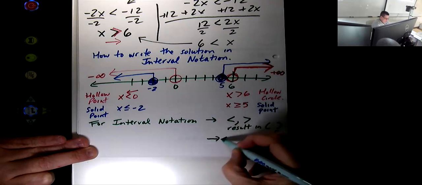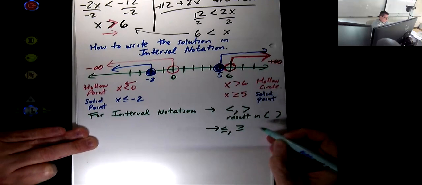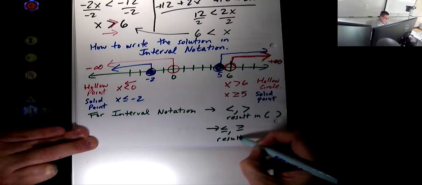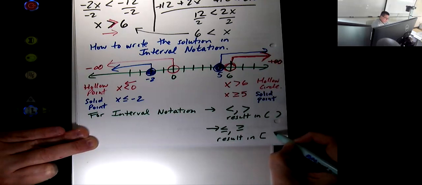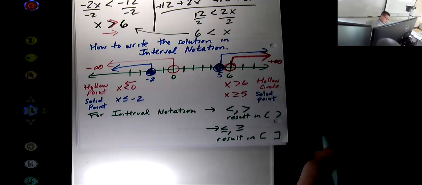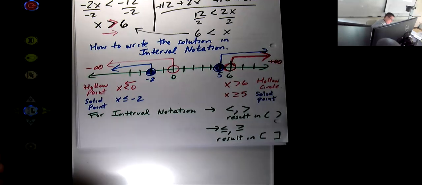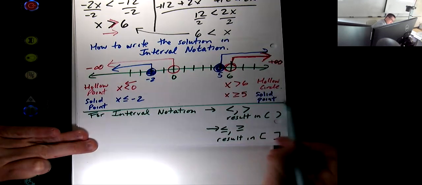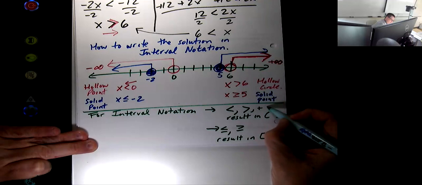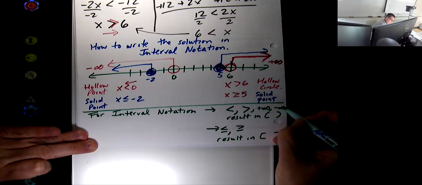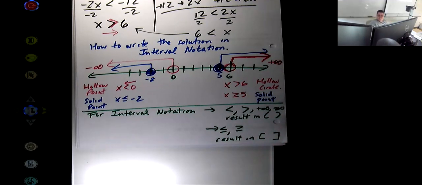And less than or equal to, greater than or equal to, result in brackets. The infinities also use parentheses. So I'll show you what I mean in a second. But those are the unbending rules for interval notation.